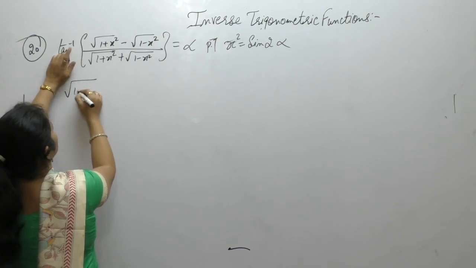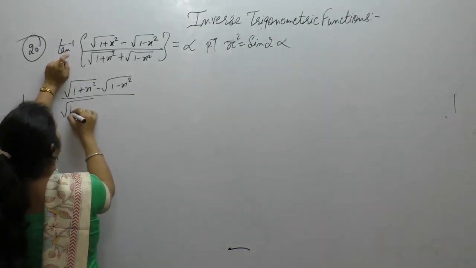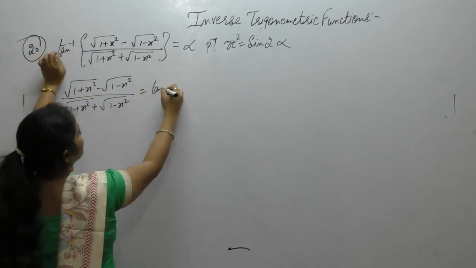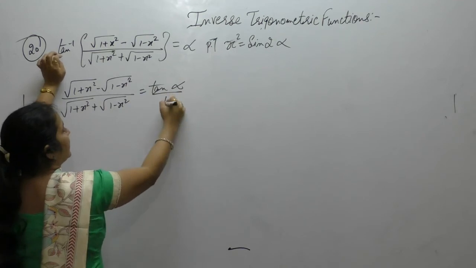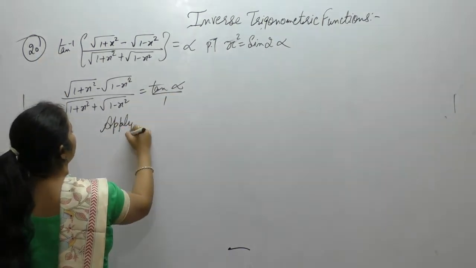We can write this as (√(1 + x²) − √(1 − x²)) upon (√(1 + x²) + √(1 − x²)) is equal to tan alpha upon 1. So apply componendo and dividendo here.